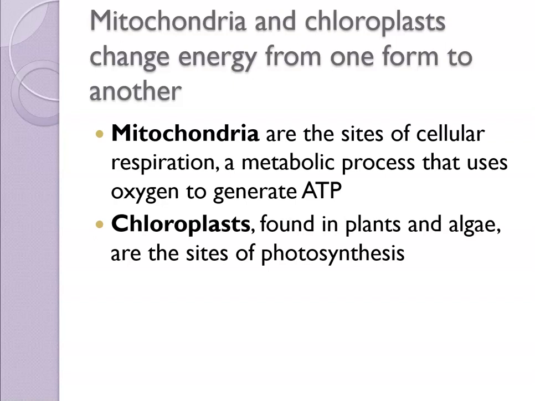The mitochondria are going to be the sites of cellular respiration, which is the metabolic process that uses oxygen to generate ATP. That ATP is then utilized by cells, such as the paramecium, to be able to operate that contractile vacuole to actively pump water out of its body. We'll study the mitochondria in greater detail in a later chapter.